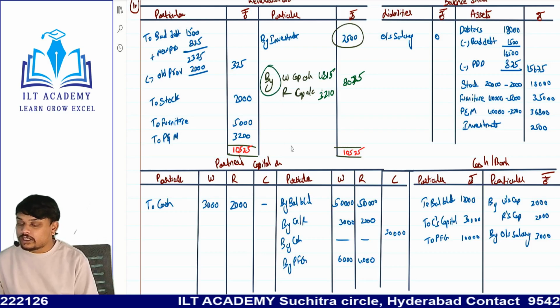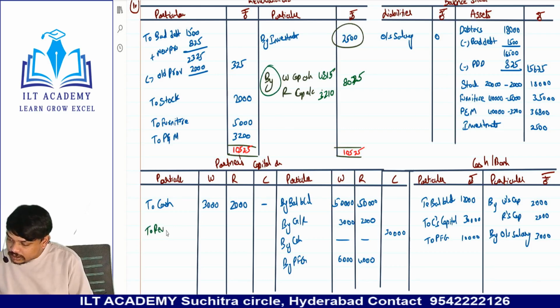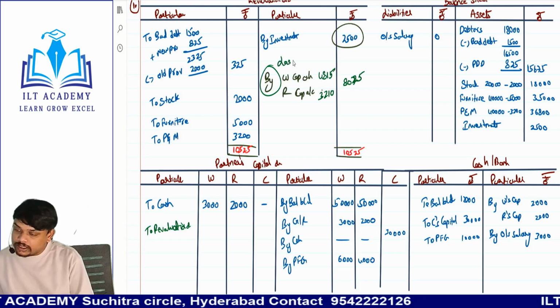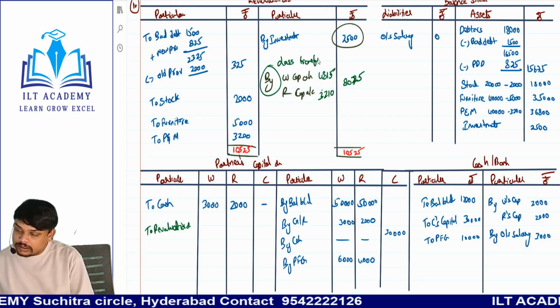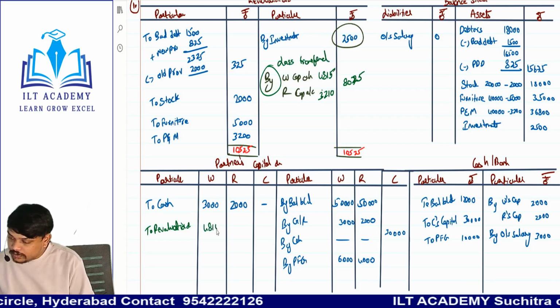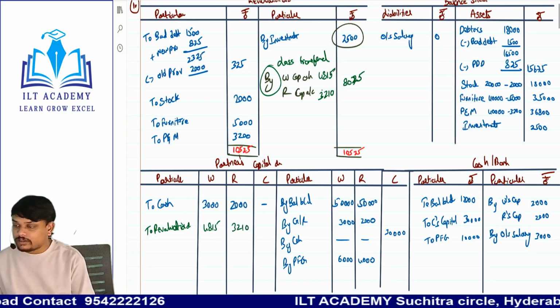This is revaluation loss. It is going to be transferred over here. Revaluation account. Here you can write as by loss transfer. 4815 and this 3210. Just total it.